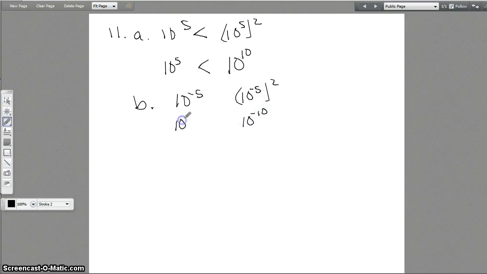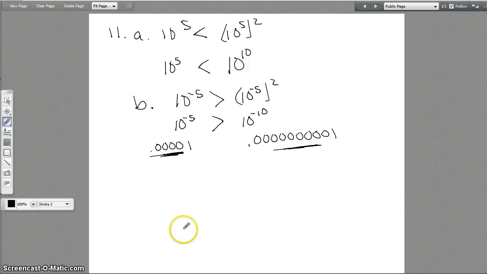Well, if you compare 10 to the negative 5 and 10 to the negative 10, you can tell that 10 to the negative 5 is going to be bigger. 10 to the negative 5 is 0.00001, where 10 to the negative 10 is 0.0000000001. So you can tell that 10 to the minus 5 is much bigger than 10 to the minus 10. So greater than is the symbol that we should use.